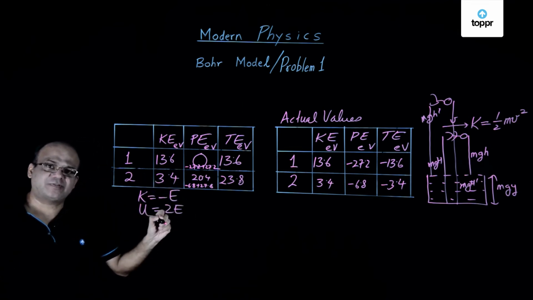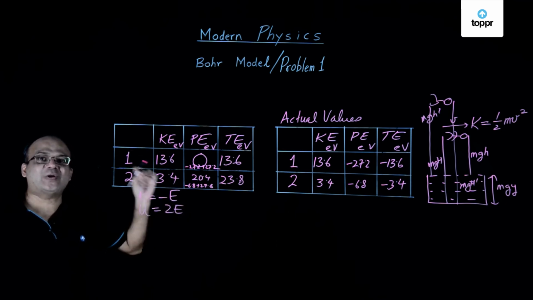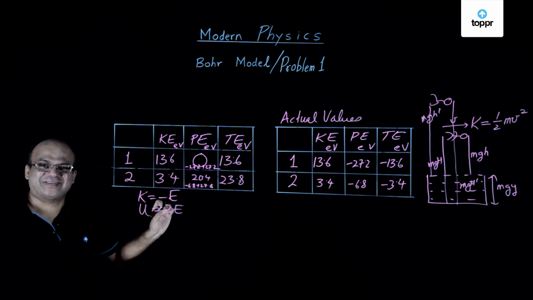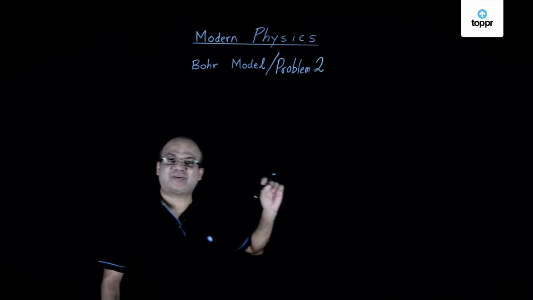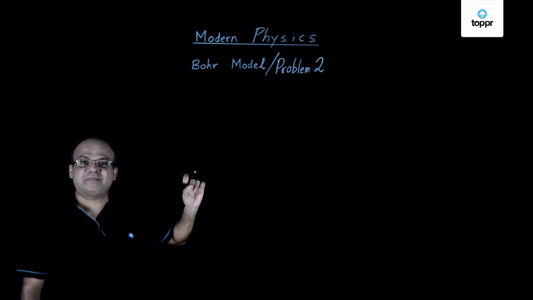This relationship is valid only when we are looking at absolute potential energy values. Keep this in mind always. In this lesson, we are going to solve one more problem on Bohr model.